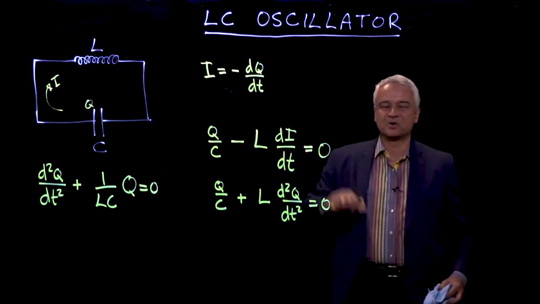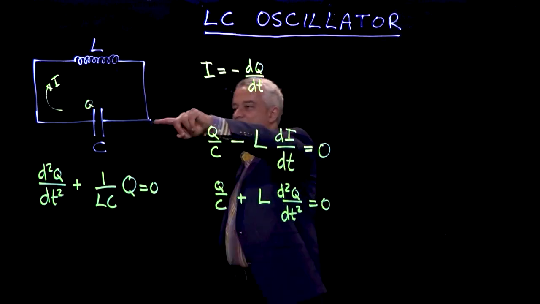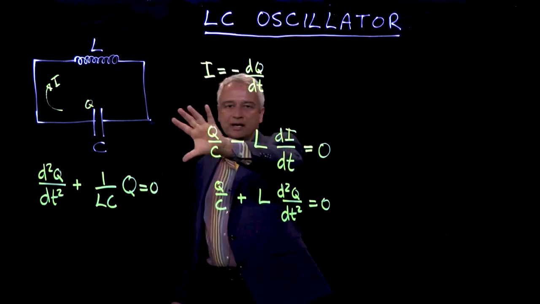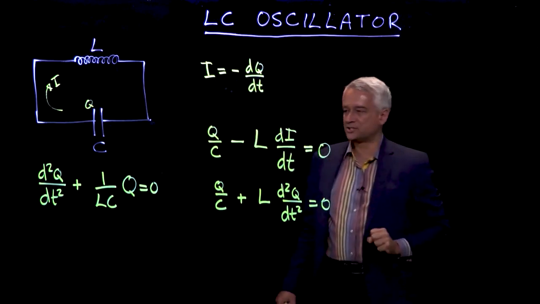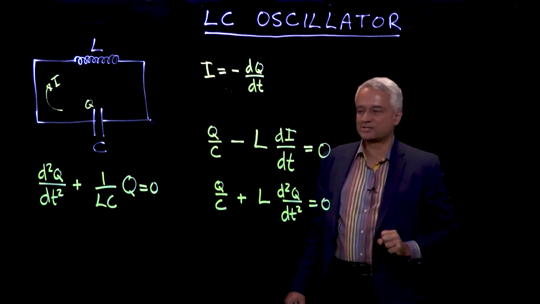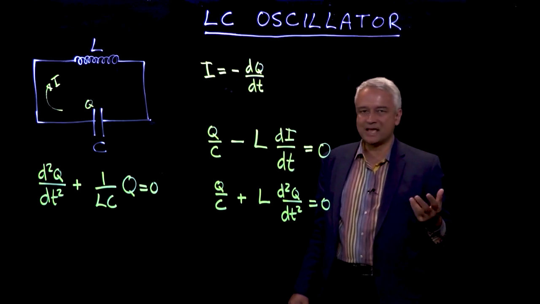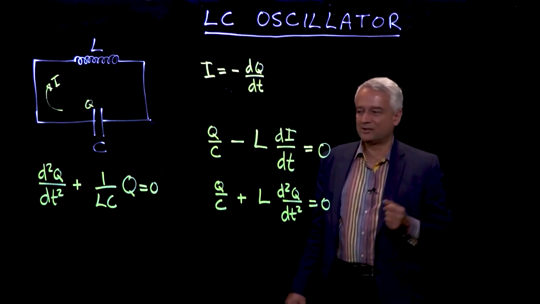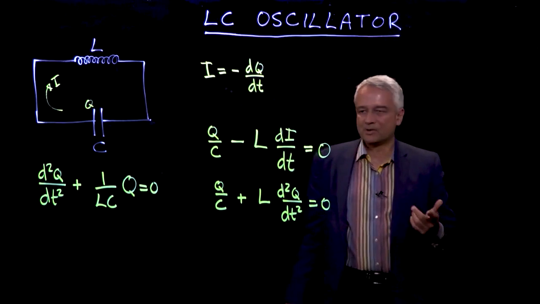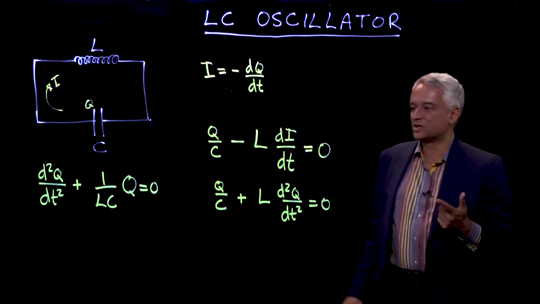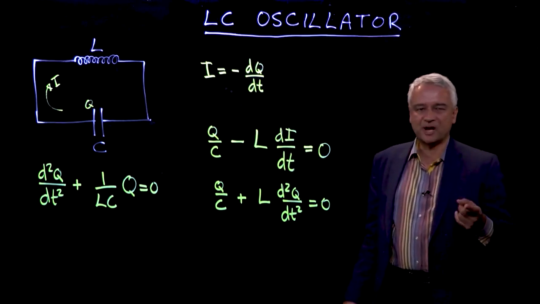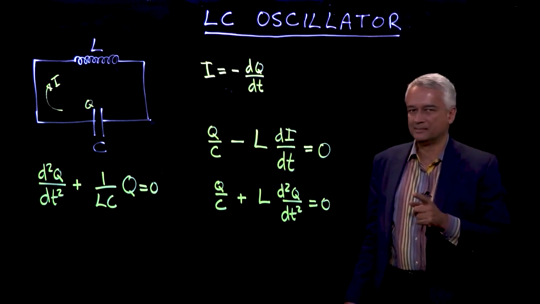This is the differential equation that I get by doing the 802 analysis of walking around the circuit and keeping track of all changes to potential or electromotive force. And that turns out to be analogous to the F equals ma of my mechanical oscillator. Remember that when we did RC circuits, we ended up with a differential equation with Q and Q dot.